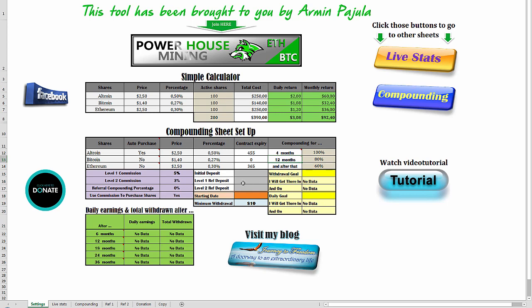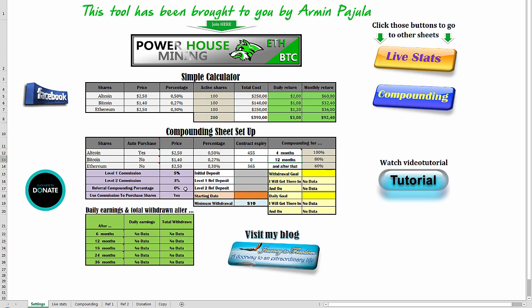Here you can choose the commission for every level. Currently we have in Powerhouse 5% from the first level and 3% from the second level. And here you can also choose if your referrals are compounding and how much they are compounding.